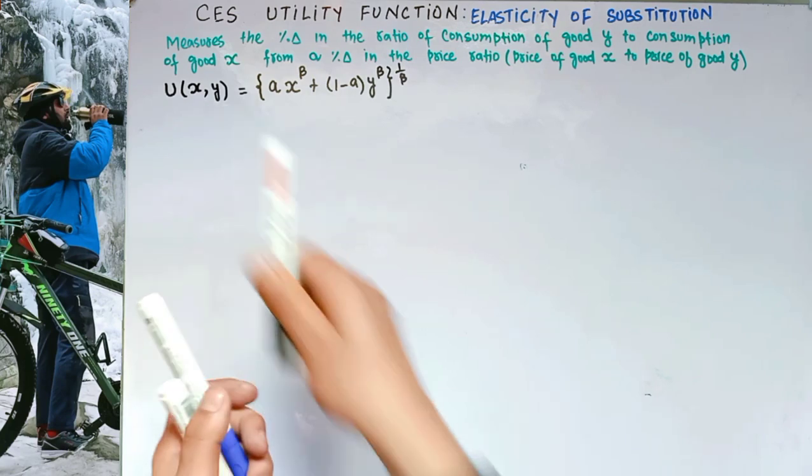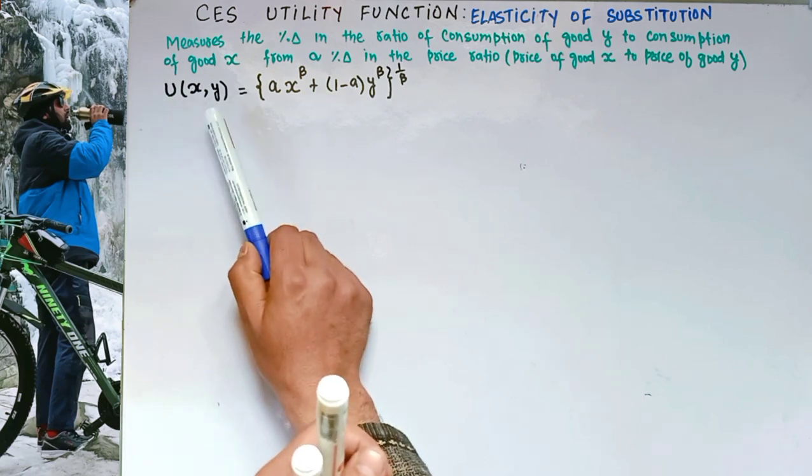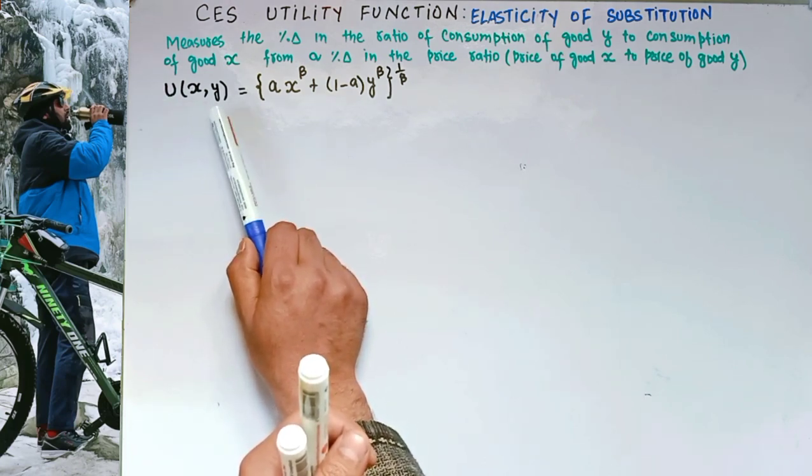This is our CES, that is, constant elasticity of substitution utility function. That is, utility is a function of the consumption of two goods X and Y.